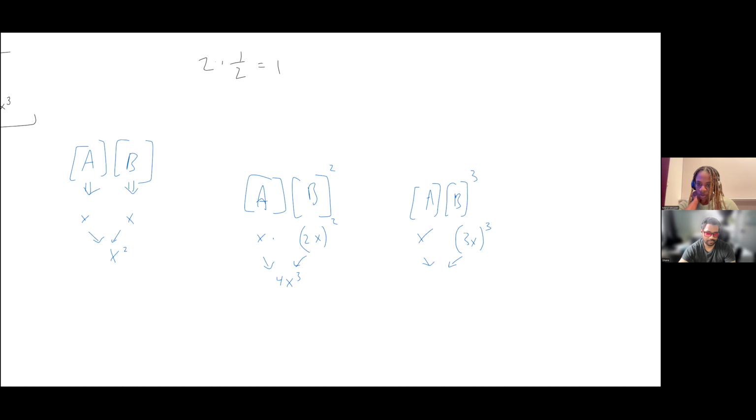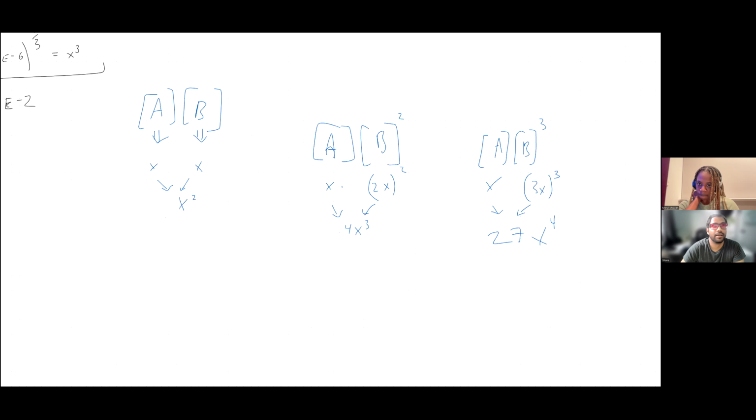3 to the third is 27 times x to the fourth. Yep. So these are basically the 3 types that you will see in terms of solubility. Right?